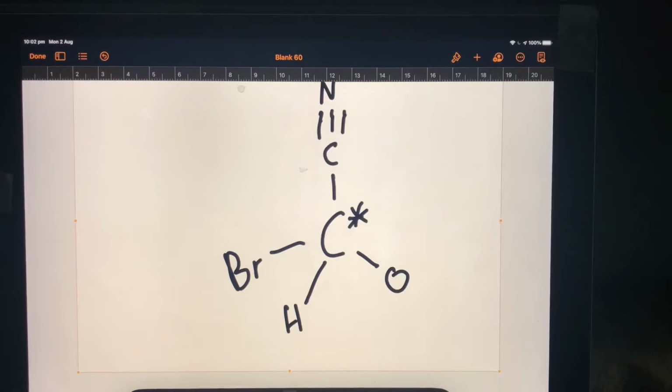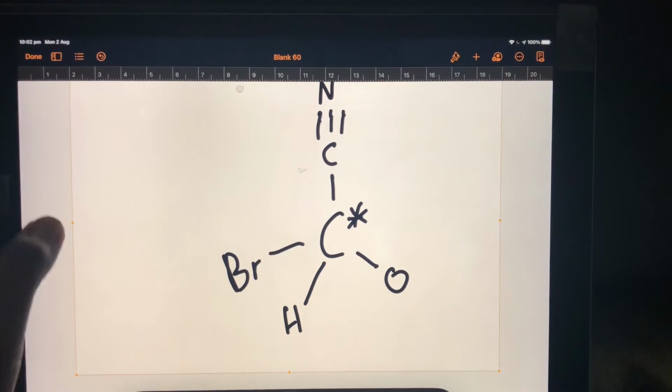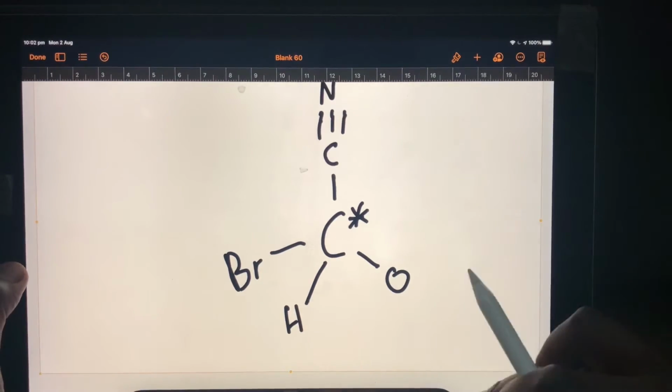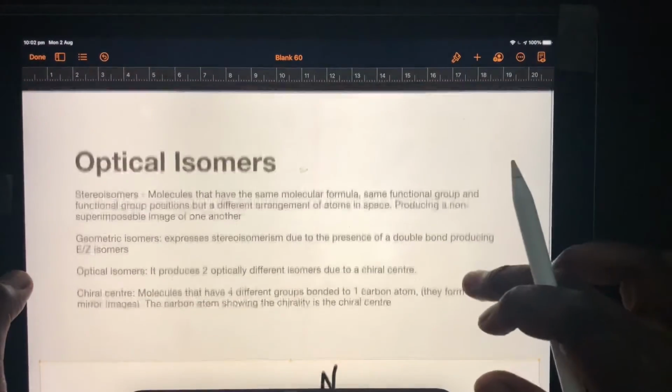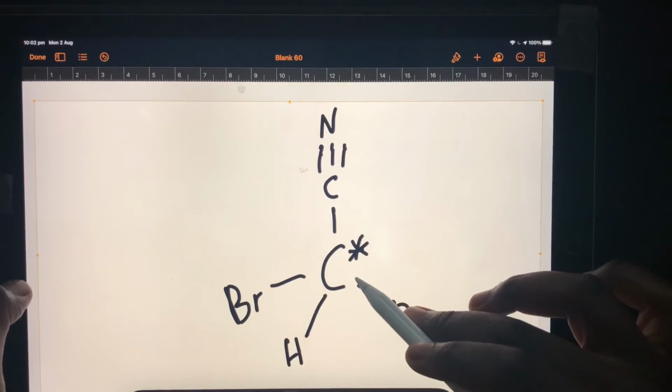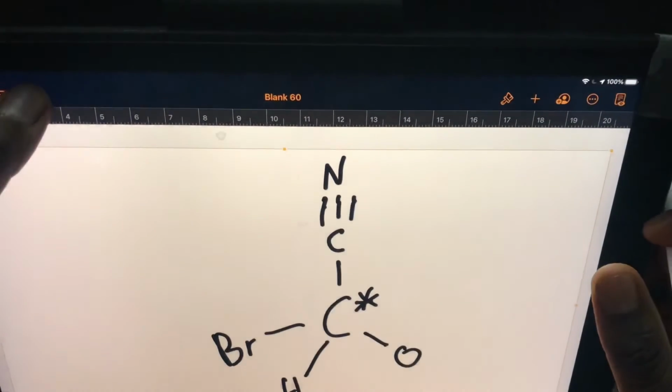So I'll show you why this has a chiral center, for the same reason as the previous example.